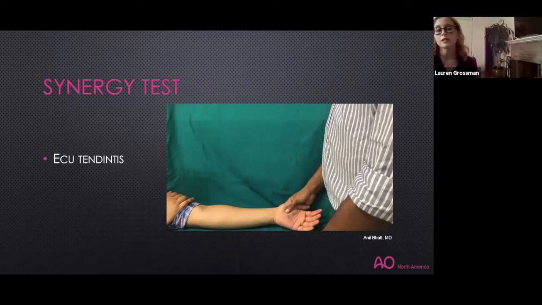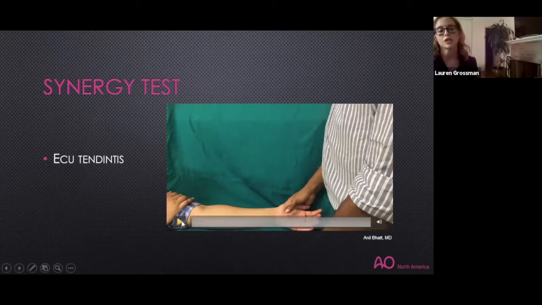One common thing is ECU tendonitis, and a lot of people are unsure exactly how to examine for that. You feel pain at the base of the fifth metacarpal. There's pain as it goes up the arm. The question is, is it a TFCC injury or something else? You can use a synergy test in order to examine ECU tendonitis, and this helps in the diagnosis.